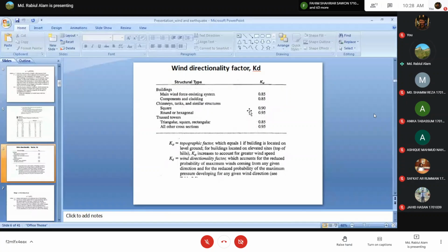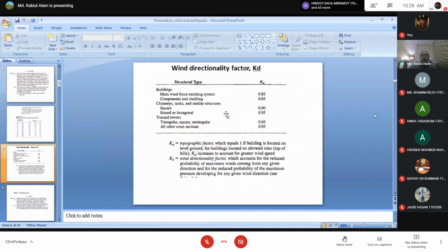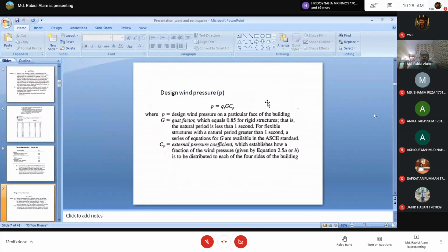Okay, so once you calculate the QZ at different heights of the building, that will not give you the final wind pressure. Also, there are some parameters involved, and finally, the design wind pressure will be P equal to QZ G into CP. G, what is G and what is CP? G is the gust factor.